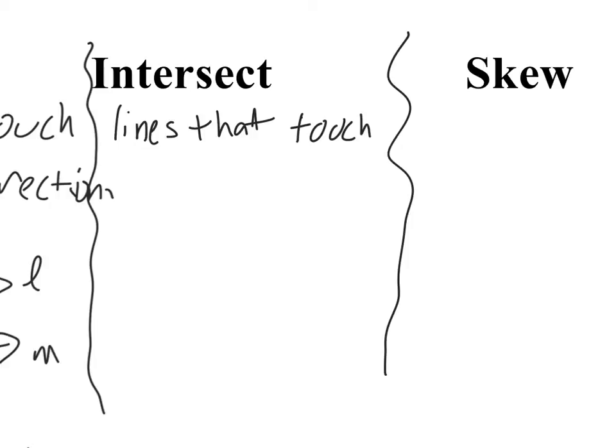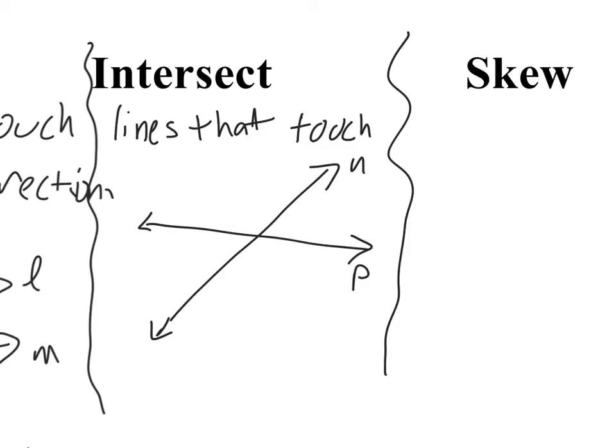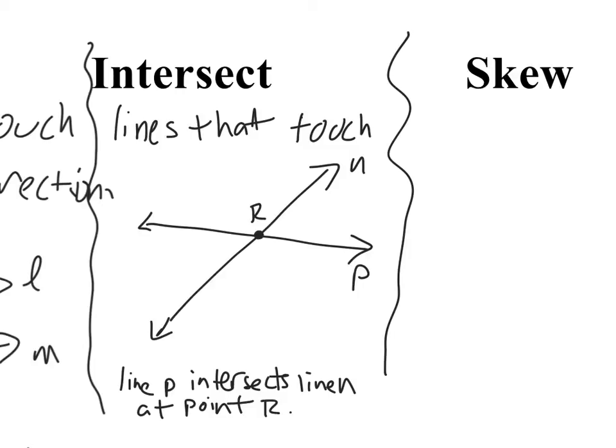So if I draw two lines here, say a line like this, and then another line that goes like this, I'm going to call this line N, call this line P, and they intersect at a point, and I can call that some point like R. So they're just lines that touch. So line P intersects line N at point R, okay? So that's that.